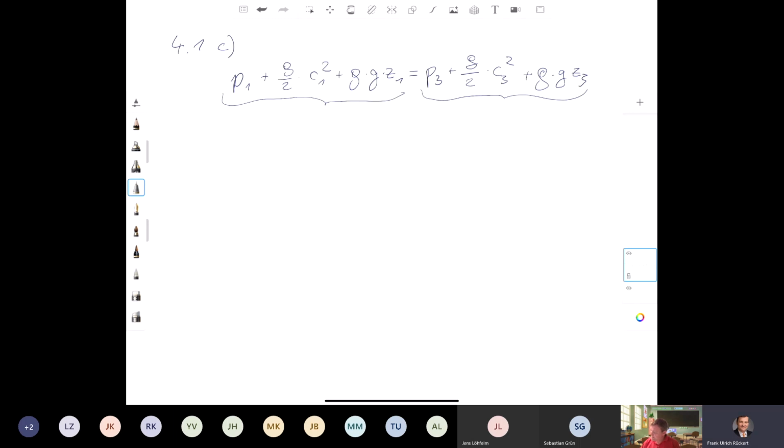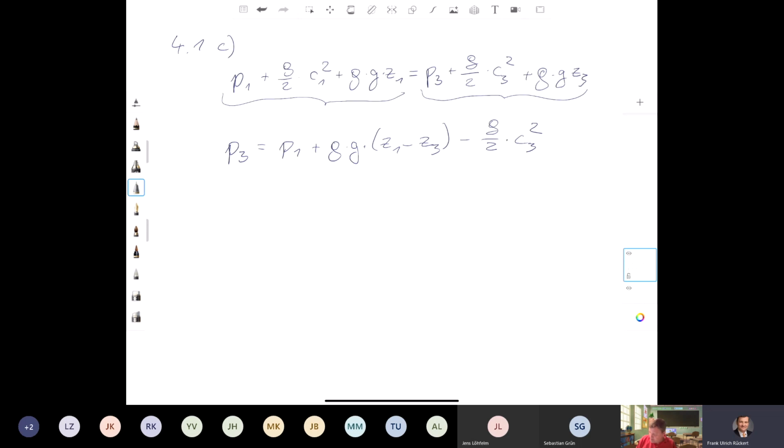We have now the different C's, and we can now calculate the P. P3 equals P1 plus rho g times Z1 minus Z3 minus rho over 2 times C3 squared. Okay?